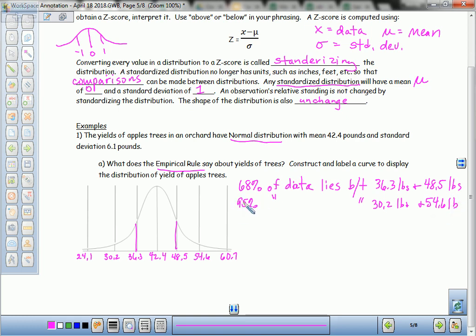So 95% of our crops should produce somewhere in between this. And then finally, 3 standard deviations from the mean. 99.7% would fall between 24.1 pounds and 60.7 pounds.